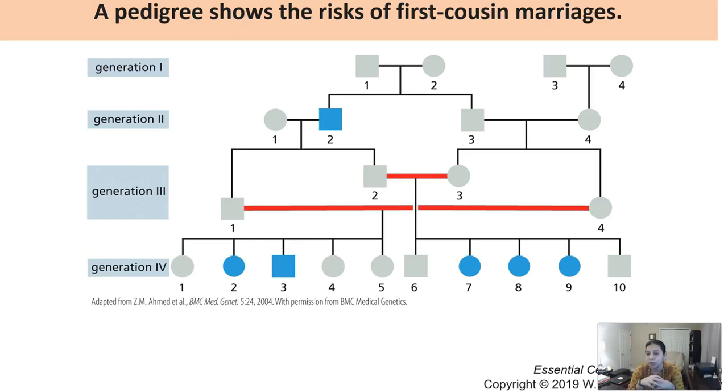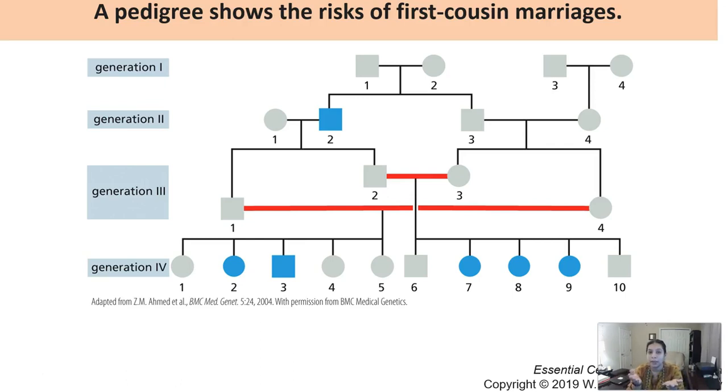The more closely related two individuals are that are breeding together or that are marrying together, the more likely you have the chance of showing up those recessive, typically detrimental traits for that given population, and thus giving rise to diseases or giving rise to issues that were masked otherwise because of their recessive nature.